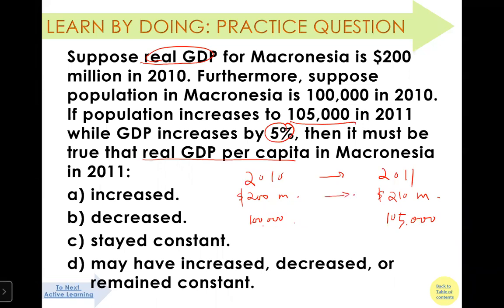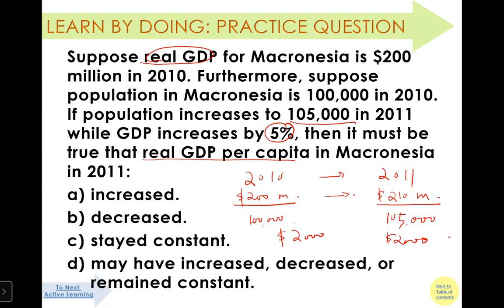But now if we look at real per capita GDP, you must use the aggregate divided by the population. Aggregate divided by the population. And then it turns out the per capita GDP stays the same, which is $2,000. Okay, the same here, 2,000.